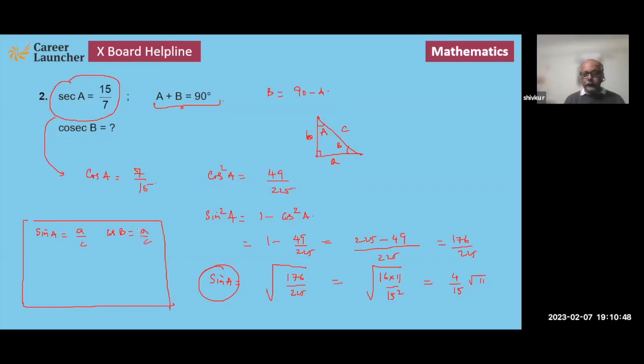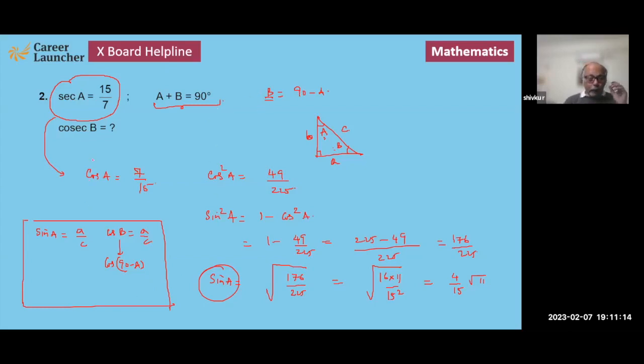So if A and B are the other two angles of a 90 degree triangle, sine A is equivalent to cos of 90 minus A. So sine A is equal to cos 90 minus A. Similarly, cos A will be equal to sine 90 minus A. If you remember this, it will help.